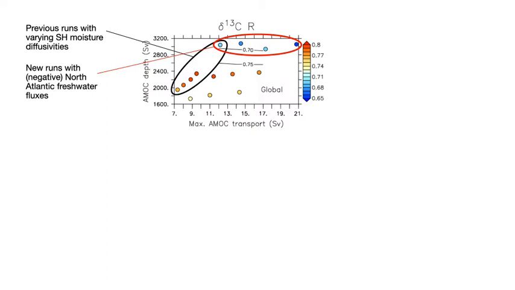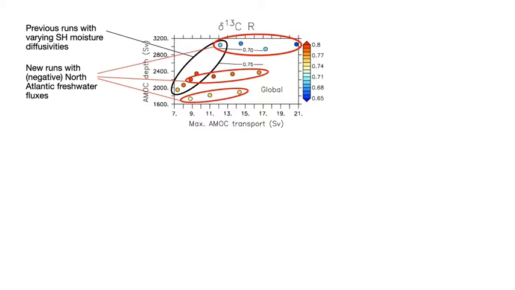Now that we have filled in this phase space by adding these additional simulations with North Atlantic freshwater fluxes, you can see that the fit to the data is really mostly determined by AMOC depth. All of these are at a similar AMOC depth but very different AMOC strength, and they have very similar values for the correlation coefficient. Some of the isolines are indicated here.